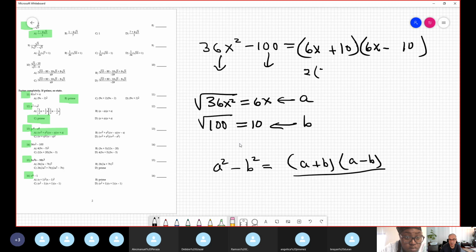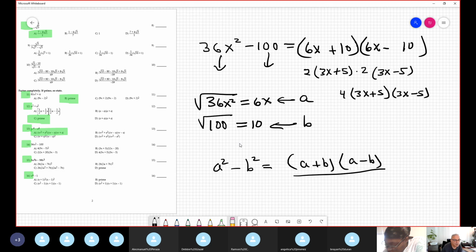If you factor out 2, we have 3x plus 5, and another 2, 3x minus 5. And 2 times 2 is 4: 4 times 3x plus 5 times 3x minus 5. Now let me see. Yeah, it's option D. However, in my opinion, it's much better doing it at the beginning.